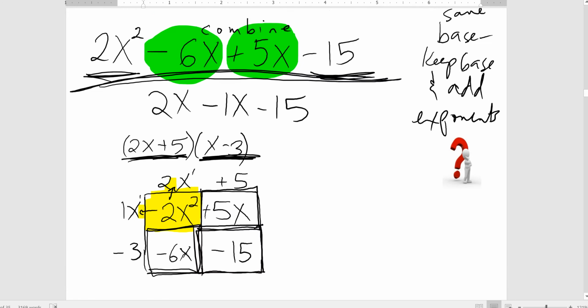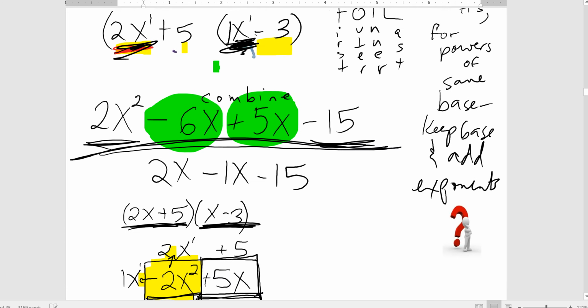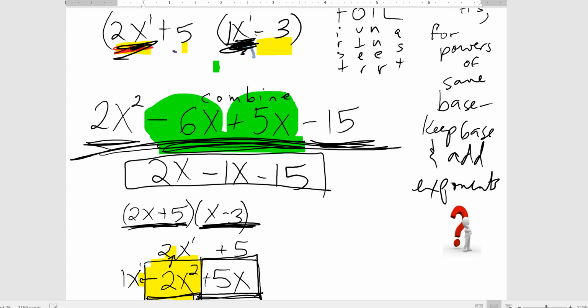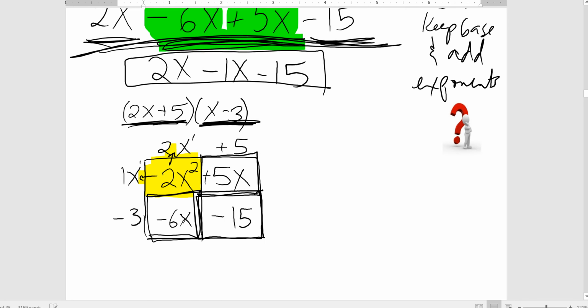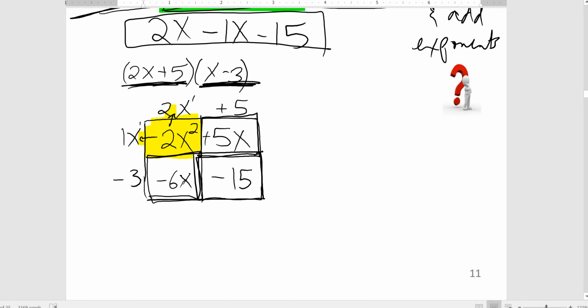Okay, so just like before when we used the distributive property, we ended up with two terms over here that could be combined because they were like terms. And that's how we ended up with a trinomial. So same idea over here. We still have like terms, right? And they still need to be combined.